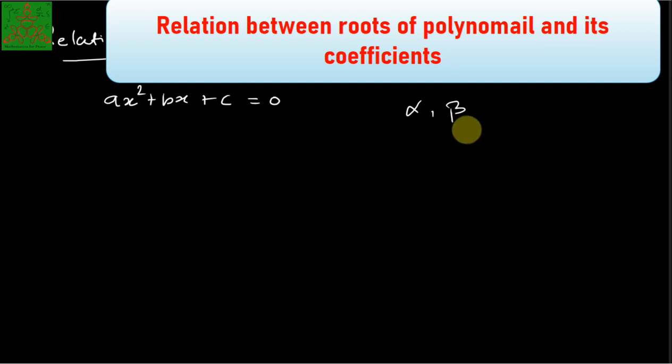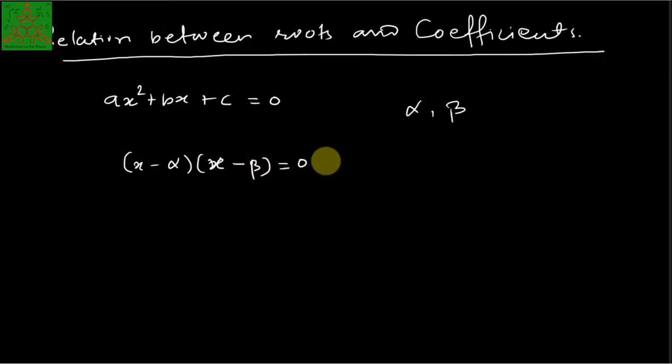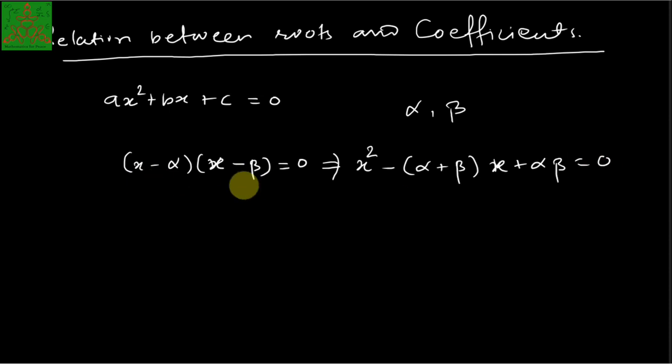As alpha and beta are the two roots of this polynomial, I can write this same equation as x minus alpha, x minus beta equal to 0, and that can be expressed as x square minus (alpha plus beta) x plus alpha into beta equal to 0 by multiplying these two brackets.